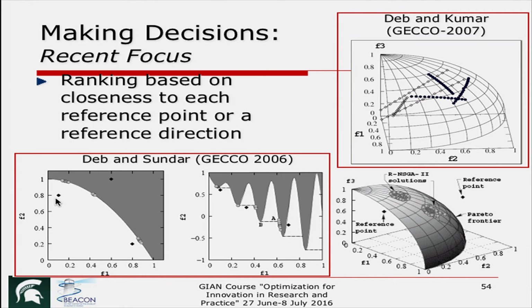I call them aspiration points. And in the literature, they call them reference points. And you may not be sure that this is the only one you are interested in. You may have some other combinations of F1, F2 that you may give, let's say 3 or 4. But once you have given them, then basically you are asking the person who is doing optimization: if these are my points, give me the Pareto front solutions that are close to these points.